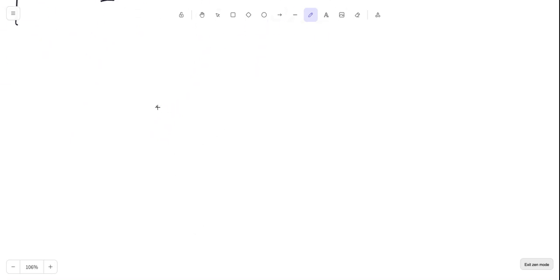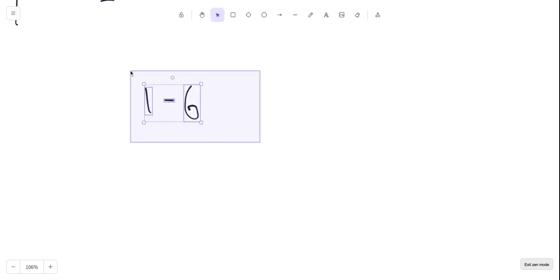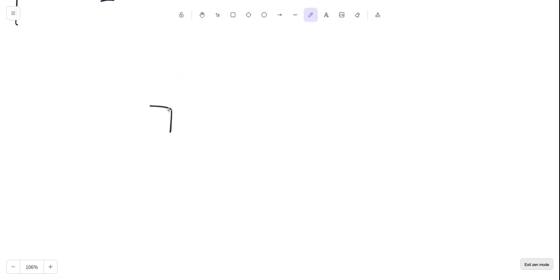For 1 through 6, the least common denominator is 60. You can check that for yourself. Once we add 7, we get 420. Once we add 8, 840.